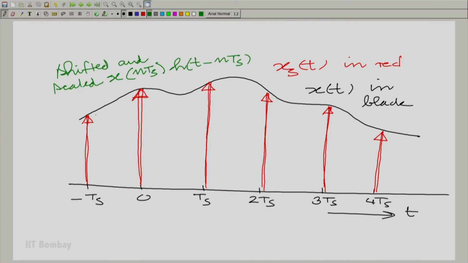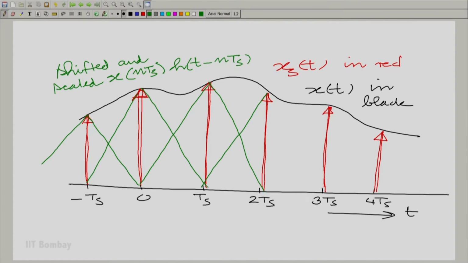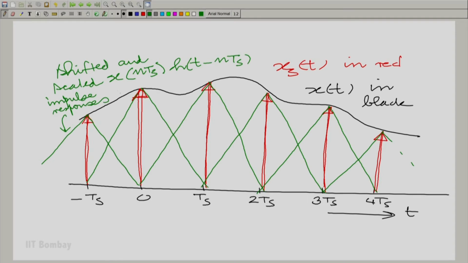So, for n equal to -1, you have this one here. For n equal to -2, of course, it is outside the scope of this drawing. For n equal to 0, you have it here, and similarly for n equal to 1, 2, and so on. So, these are the shifted and scaled impulse responses. I have shown them to you in green.